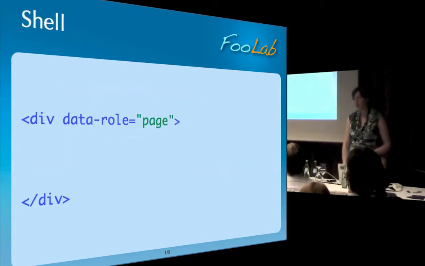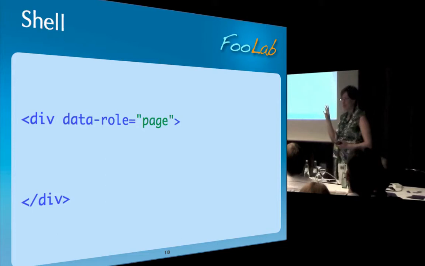It would be lying to tell you that you just use data role and it works like magic. You have to encapsulate it in a shell. And I will explain why you need to use such shells later, because it adds more possibilities later on.